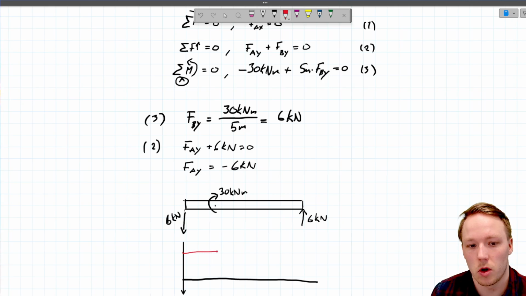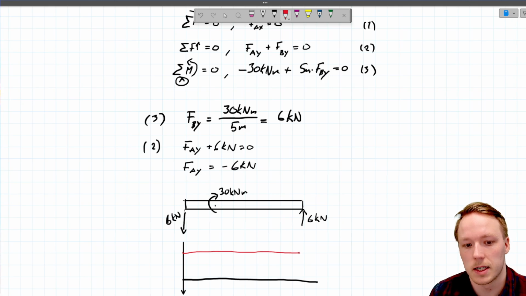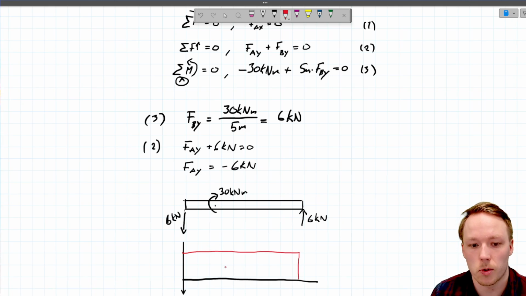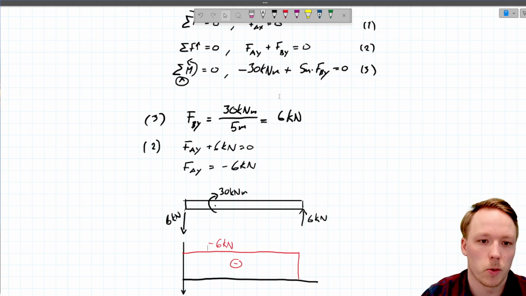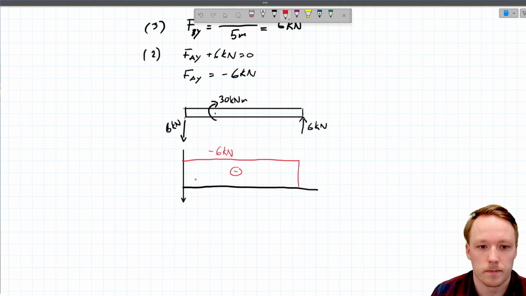We also know that the external bending load does not affect the shear force, which means that our internal shear force will be minus 6 kilonewtons all the way through, like that. So that is our shear force within the material.